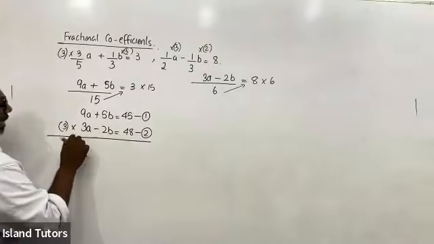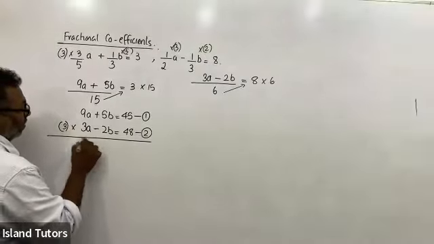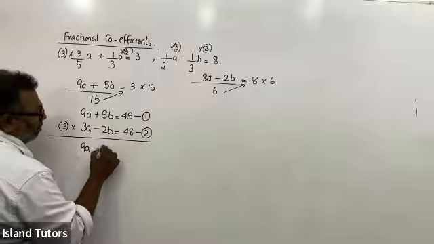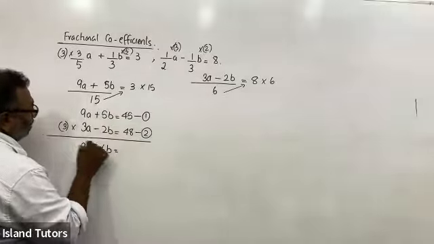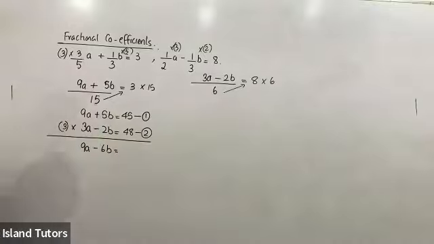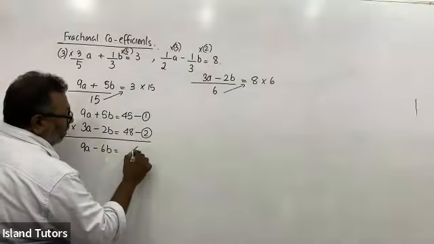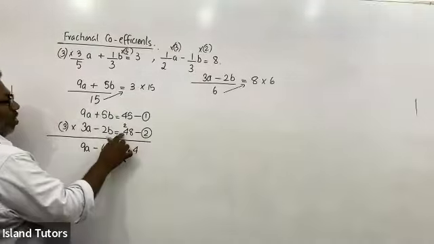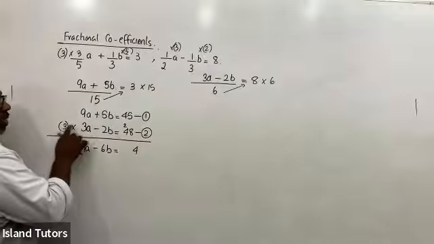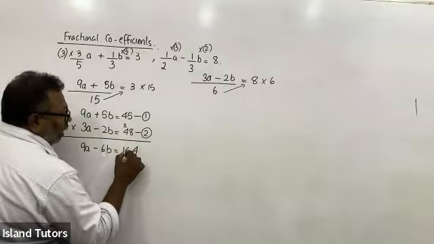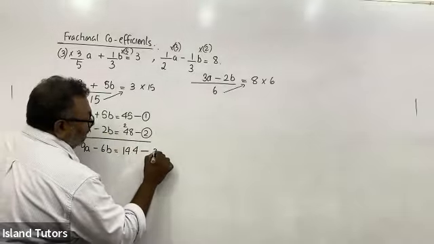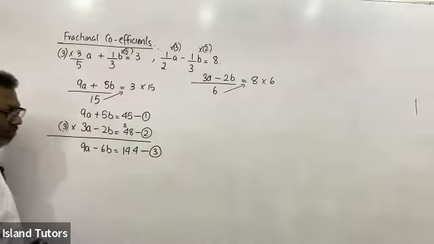So 3 into 3a is 9a. 3 into minus 2b, minus 6b. 3 into 48. 3 into 8 is 24. 2 carry forward. 4 into 12 plus 2, 144. This is your third equation.